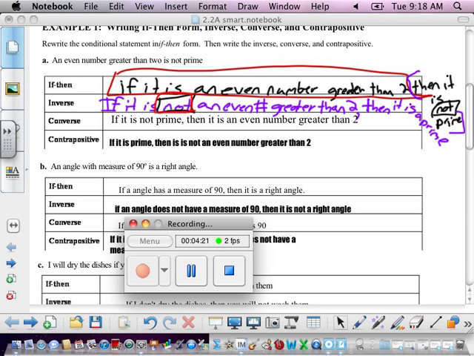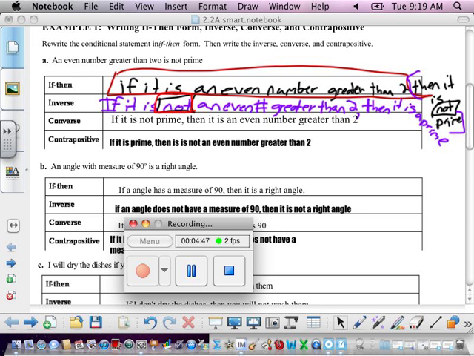Does anybody want to try the converse? So we've got the conditional statement: if an angle has a measure of 90 degrees, then it is a right angle. What would the converse be? Anybody? Sam? A right angle is an angle with a measure of 90 degrees. If it is a right angle, then it has a measure of 90 degrees.